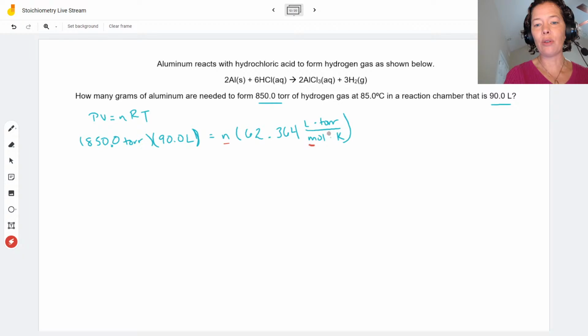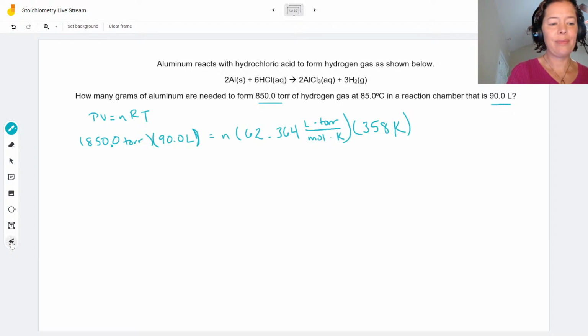Of course, n is going to be in moles. And the last thing we need to do is put our temperature in Kelvin. Of course, they gave it to us in Celsius, so we will need to convert that into Kelvin. And that is just 358 Kelvin. Okay, so I will actually show how all of these units cancel.